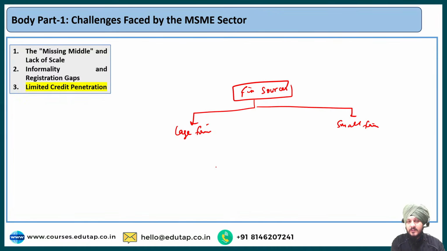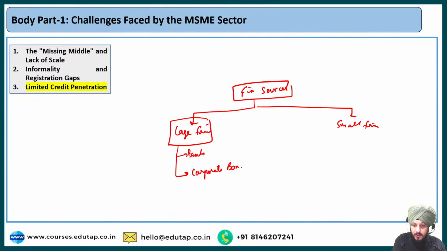When I talk about large firms, basically they are able to get the financing either through the banks or through different types of alternative financing mechanisms also. For example, through corporate bonds, or it can also be through commercial papers, which are nothing but market-based instruments, right?